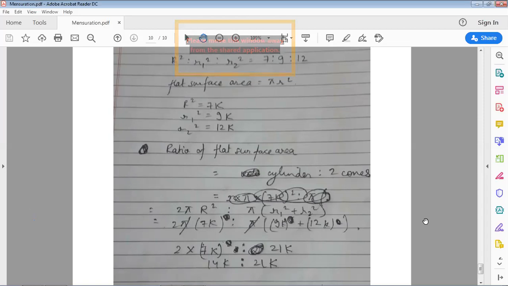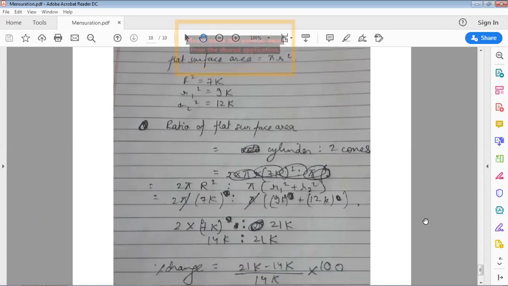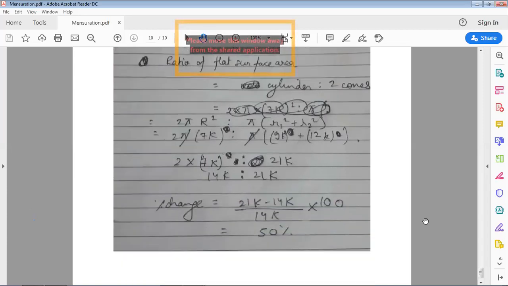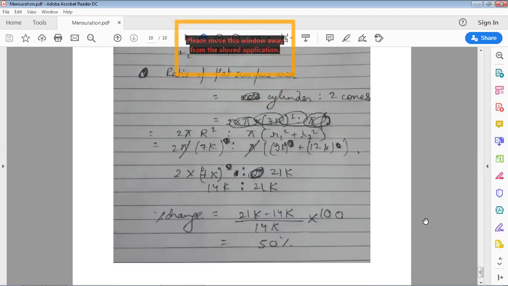As it is ratio, I have cut the common parts, that was pi and k. You can cut k, it's your wish only. Okay, so I get the ratio. 14k is the flat surface area of the cylinder and 21k is the flat surface area of the two cones.